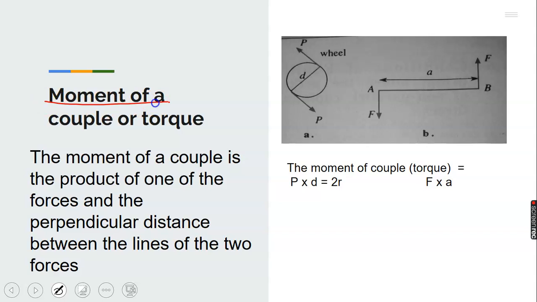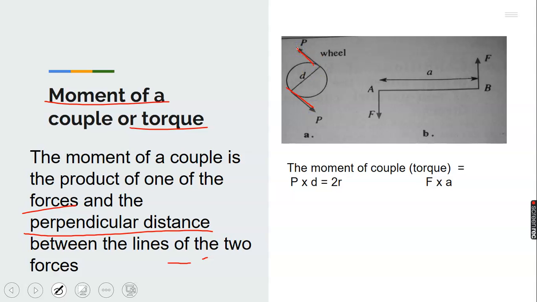Now we move to moment of a couple or torque. It is sometimes called moment of couple or torque. The moment of a couple is the product of one of the forces and the perpendicular distance between the lines of the 2 forces. Look at it, we have one force here and one force here.